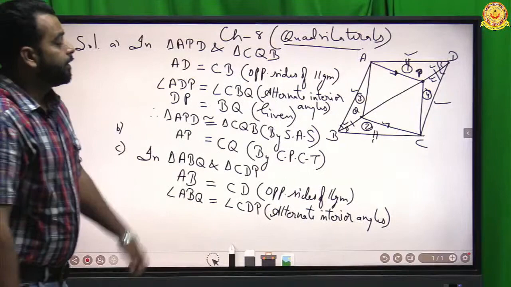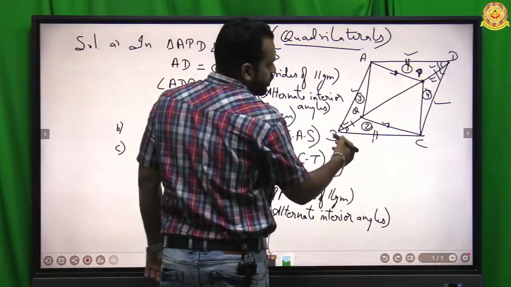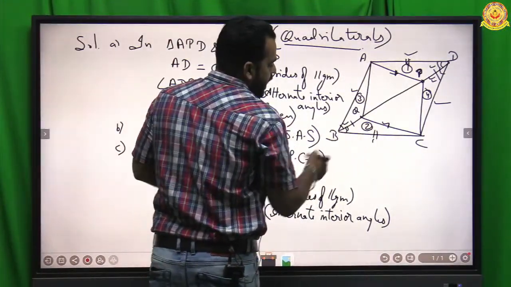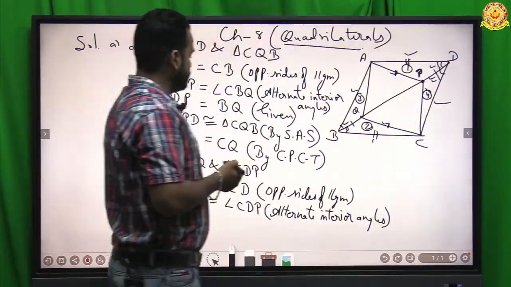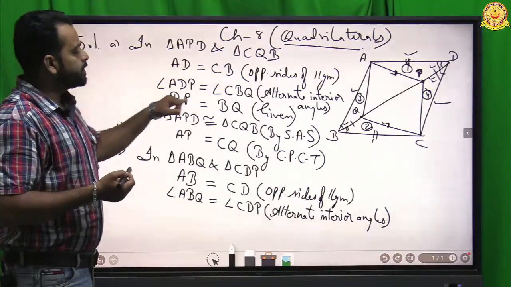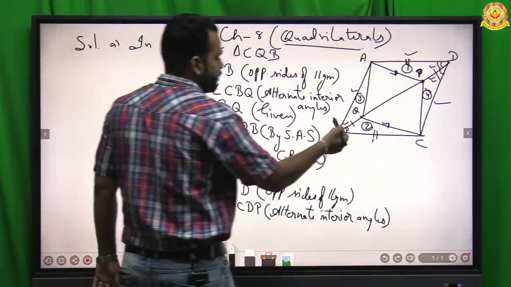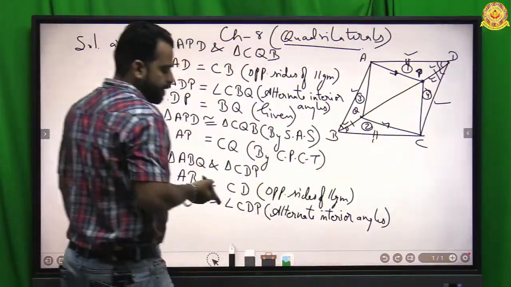Alright. Now the third component is, we already proved that side BQ is equal to DP. Here we wrote it, DP is equal to BQ. So similarly we can say BQ is equal to DP, right?